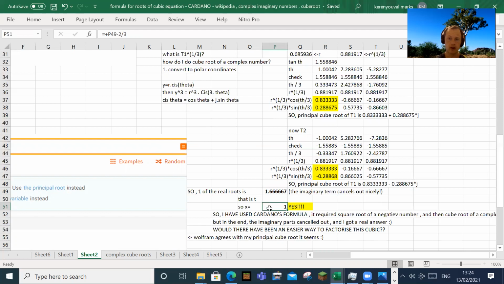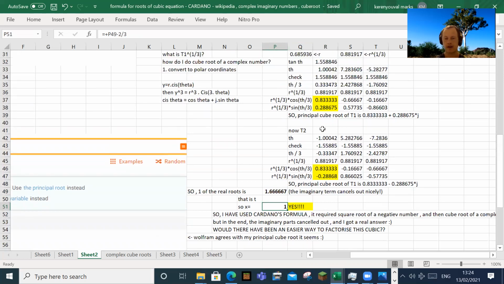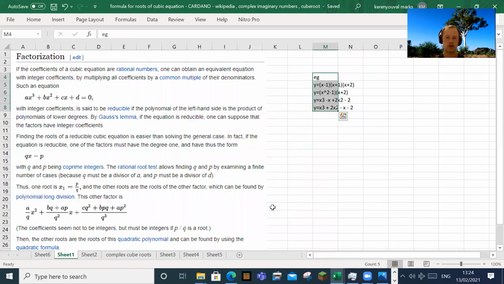So there we go. We've done it. We've used Cardano's formula. We had to do all this complex number stuff. And in the end, the imaginary components cancelled out, and we've got a real solution. We've got x equals 1. And then to get the other 2 roots, you can do that just in the usual way. We would go back to our cubic.